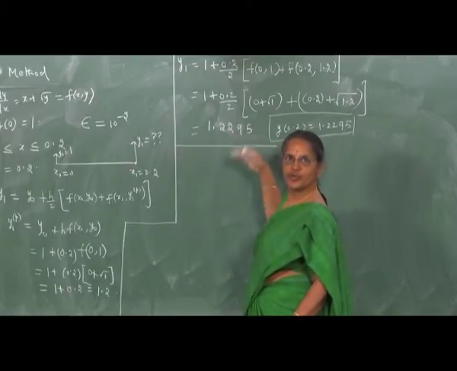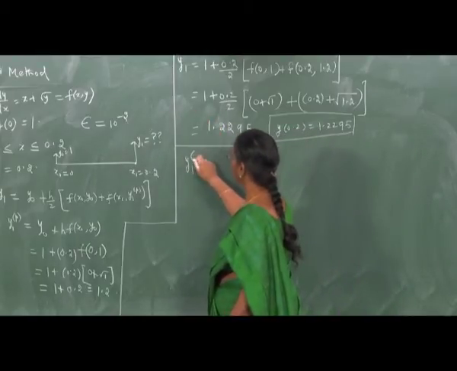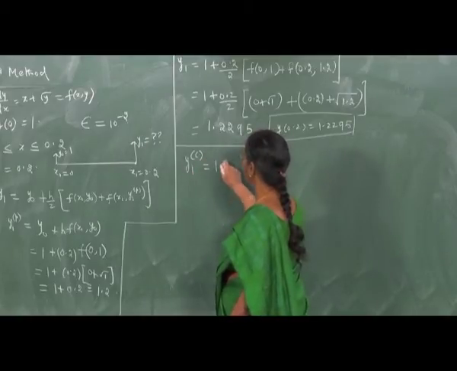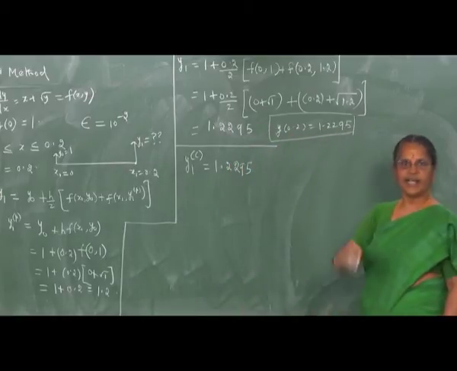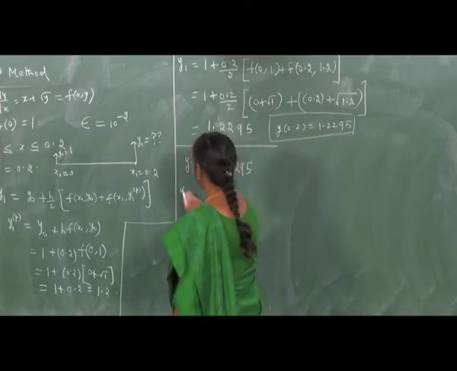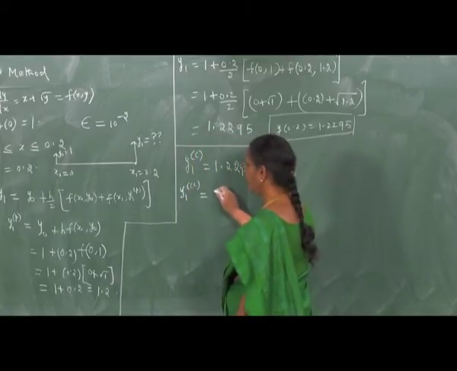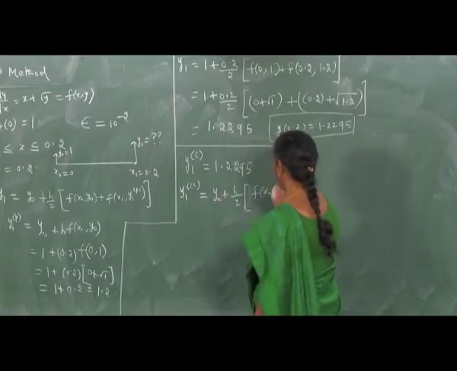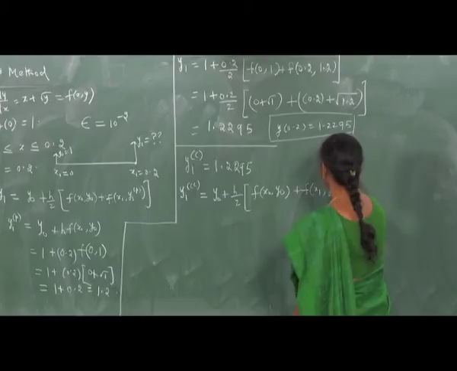You will have to continue your computations and call the value of y1 that you have obtained as the first corrected value and denote it as y1 corrected, which is 1.2295. And now recorrect it by using modified Euler's method. What is the recorrected value? y1 recorrected is going to be y naught plus h by 2 into f of x naught y naught plus f of x1 y1 first corrected value.